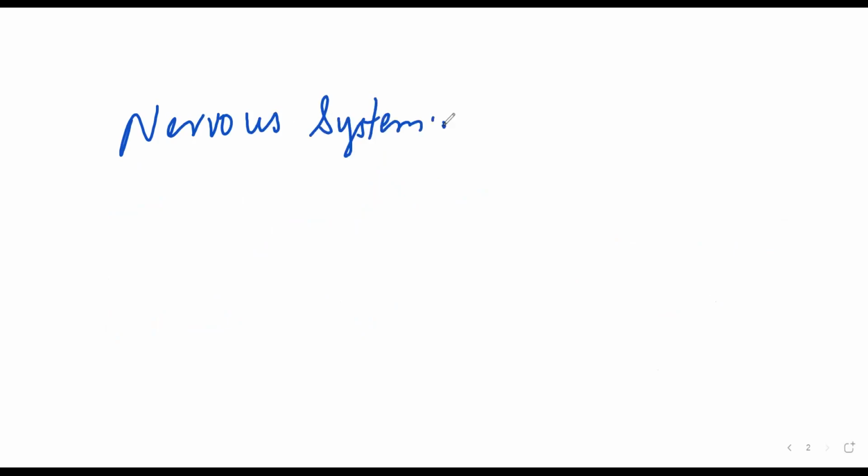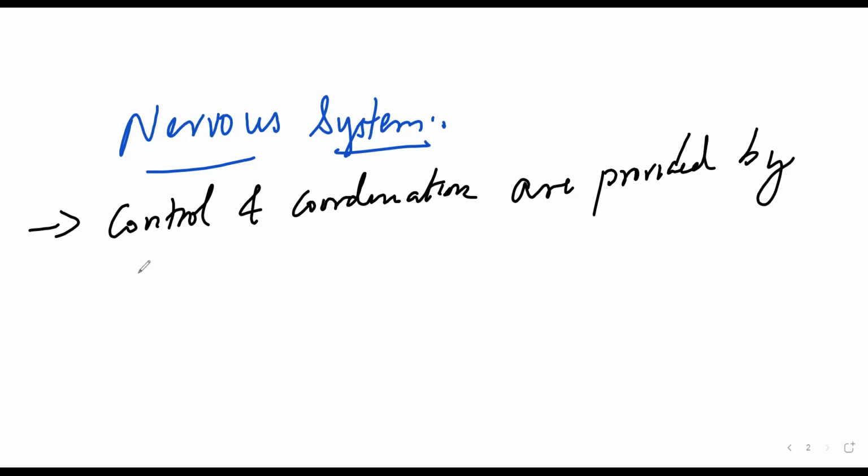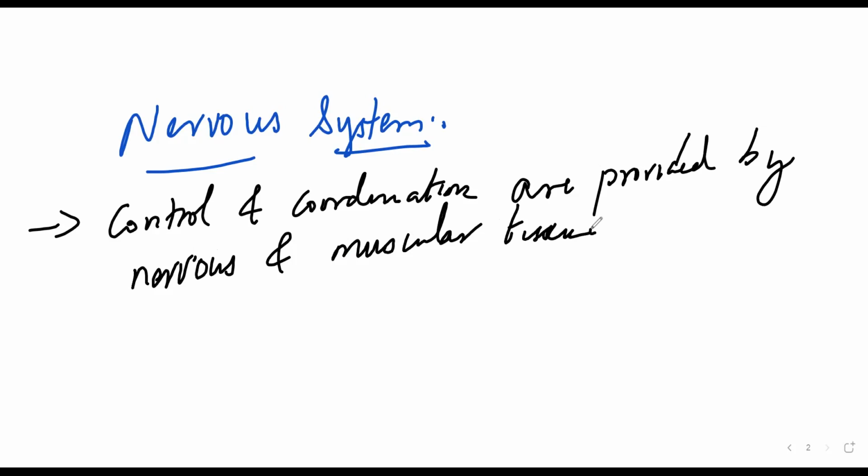So in the nervous system, this control and coordination is provided by what? Nervous and muscular tissue. Okay.